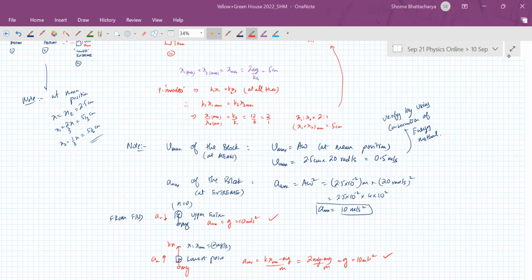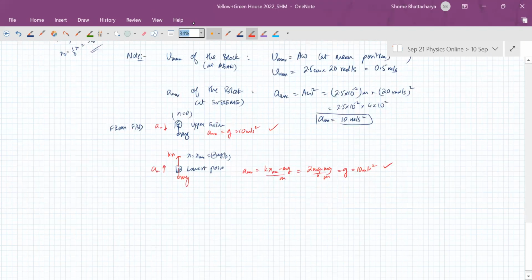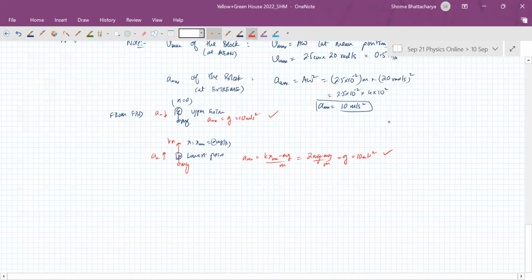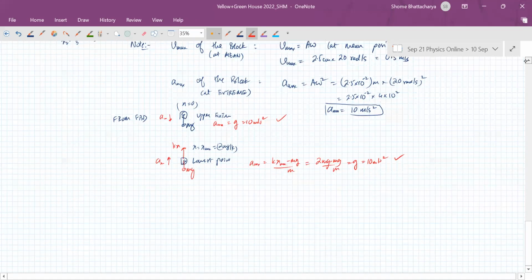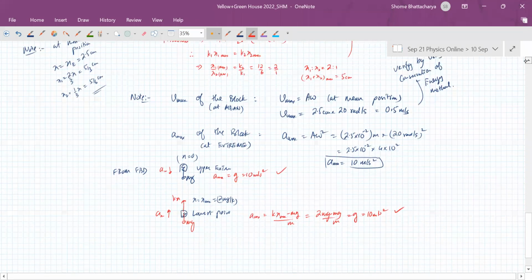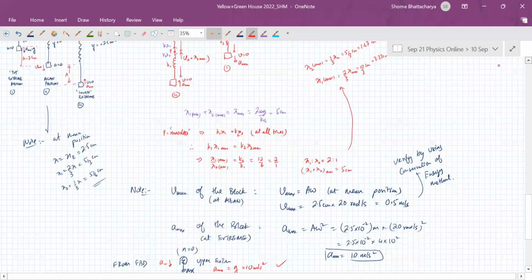No. Just a moment. Yeah, which part, the diagram? This part?